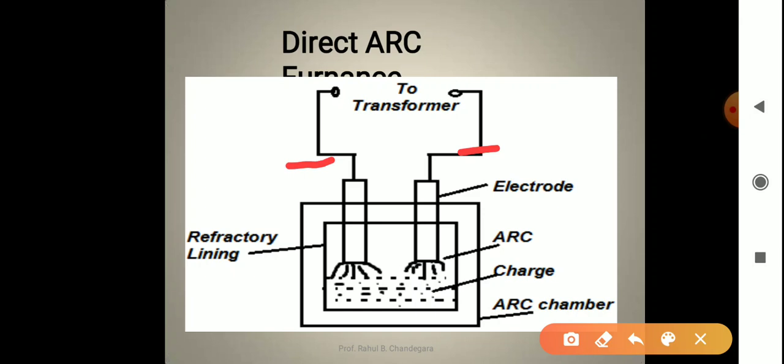The arc is produced between the electrodes and the charge. The electrodes are deep inside the charge and we slowly remove them, and the arc is produced between the electrode and the charge in the arc chamber. So the heat does not go outside the chamber, and a high temperature is generated inside the arc chamber.